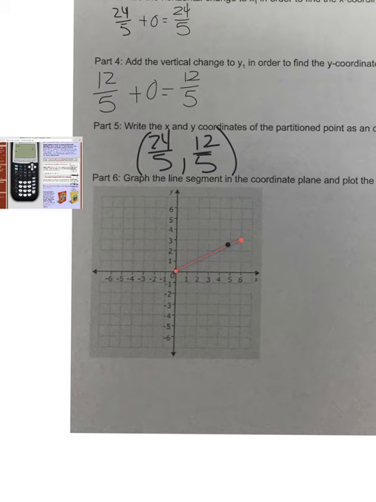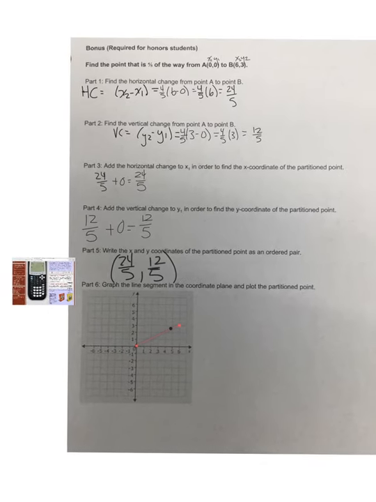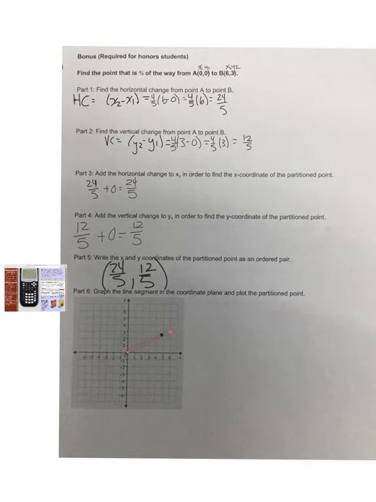Go back to part 3. So you got 24 over 5 plus 0 equals 24 over 5, right? And then you get 12 over 5 plus 0 equals 12 over 5. How did you get 24 over 5 at part 3 and then 24 and 12 over 5 at part 5?